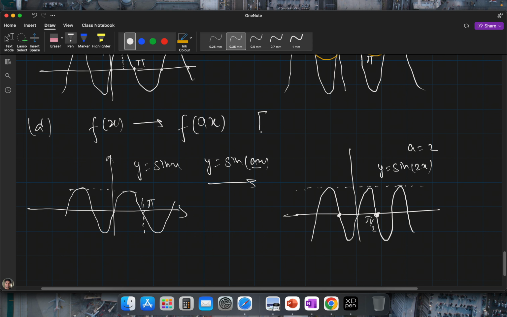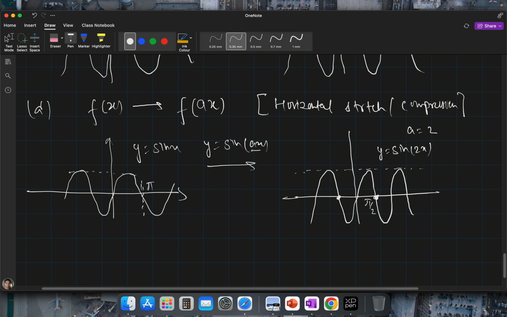So this is nothing but the horizontal stretch or compression. But you have to remember, if you increase a, it will compress, but if you decrease a, it will stretch. One more thing, a can be greater than 1, or a can be in between 0 and 1.